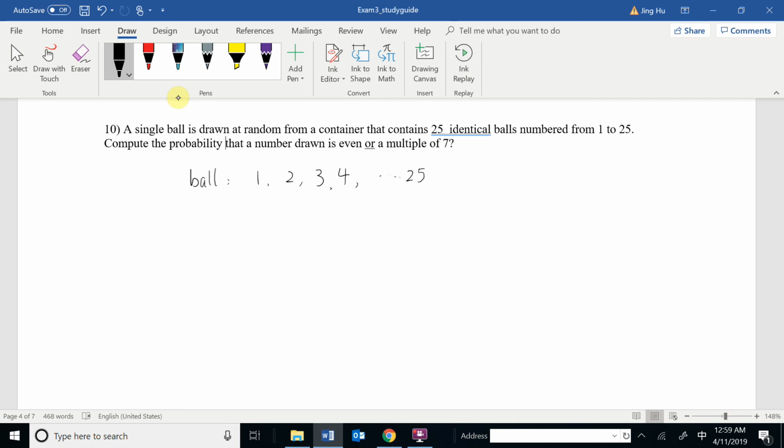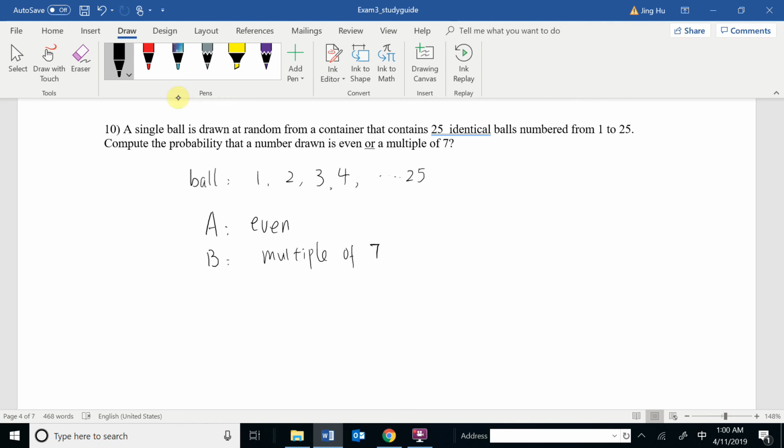You need to compute the probability that a number drawn is even or a multiple of 7. So you get a ball from the container. Event A is the ball numbered even. Event B is a multiple of 7.